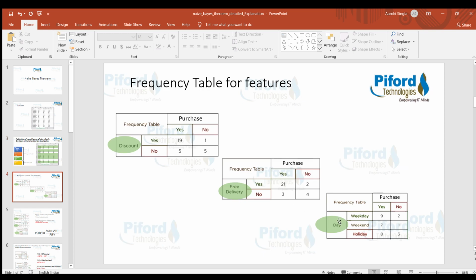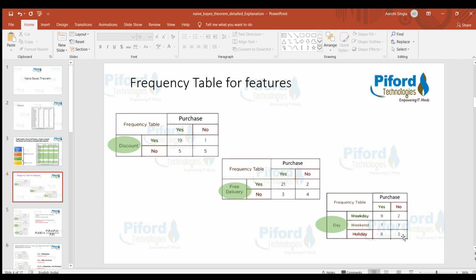On this side we have the purchase column again, yes and no. On weekday 9 people purchased and 2 didn't, on weekend 7 people purchased a product and 1 didn't, and on holiday 8 people purchased and 3 didn't purchase. So these are the 3 frequency tables for 3 different features.